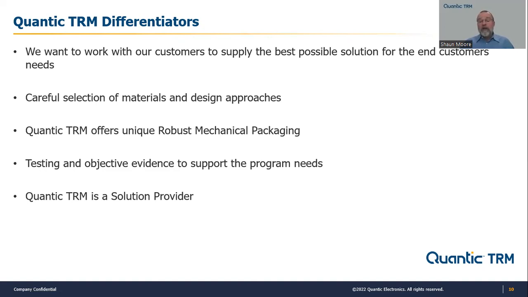So it's a matter of understanding what is important to you in your circuit to make sure that what you get is the best topology and therefore gives you the best performance for what you're looking for. As we're going through this, we look at materials, approaches, and of course the mechanical packaging is just another piece that we really focus on to make sure that the device meets your needs.